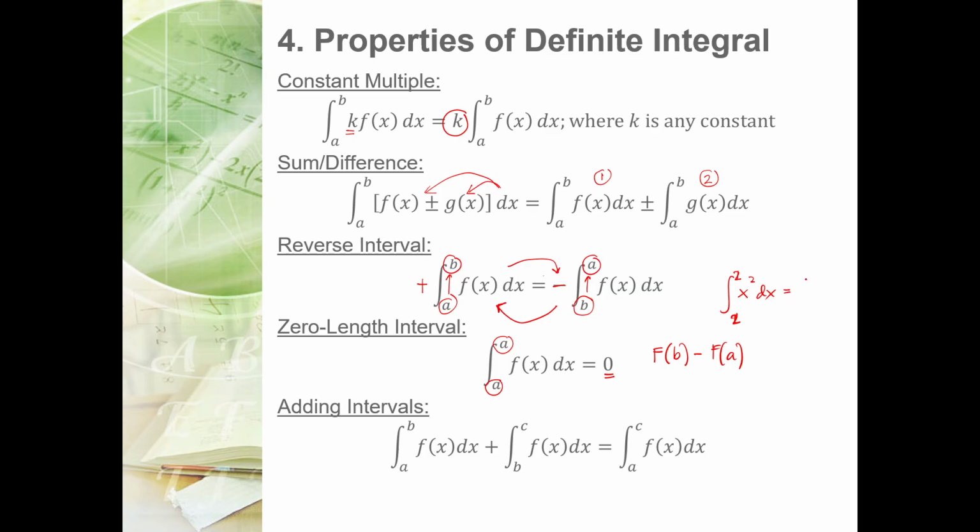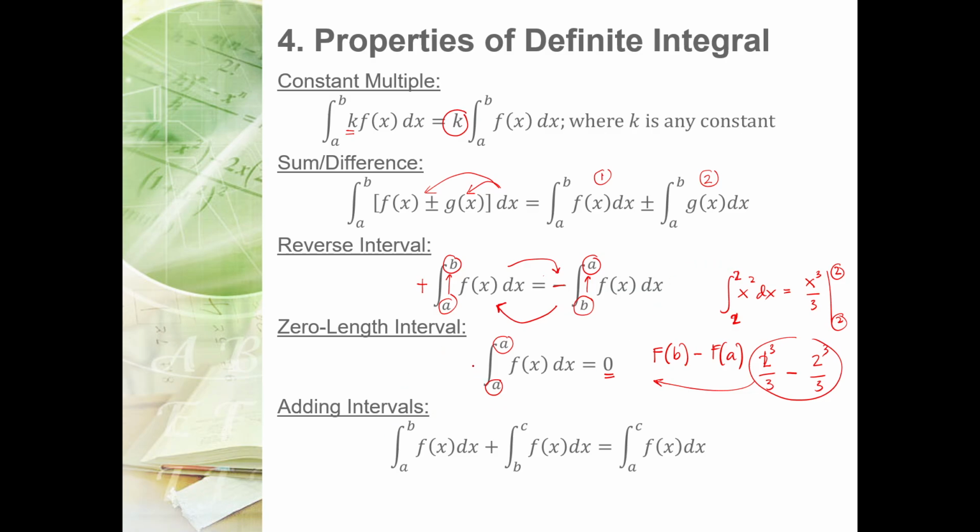The answer for this one is x cubed over 3, then from 2 to 2, right? So F of b, the upper limit first, 2 cubed over 3, and then minus F of a, 2 cubed over 3, so 0, right? So that's the zero length interval.